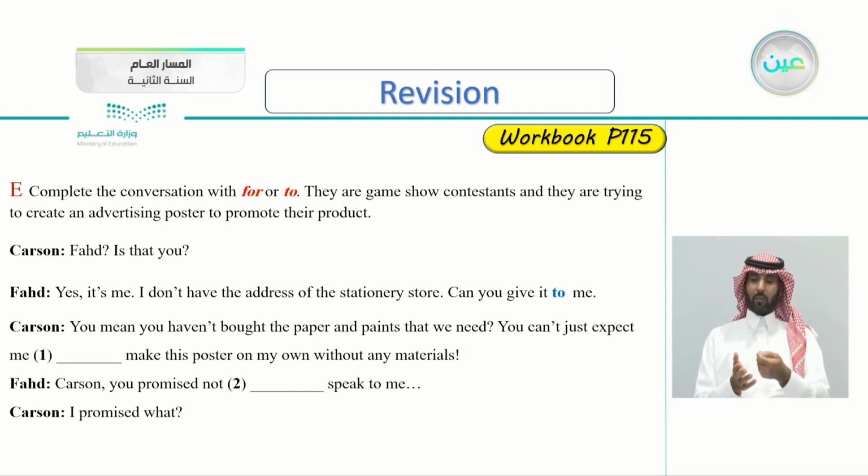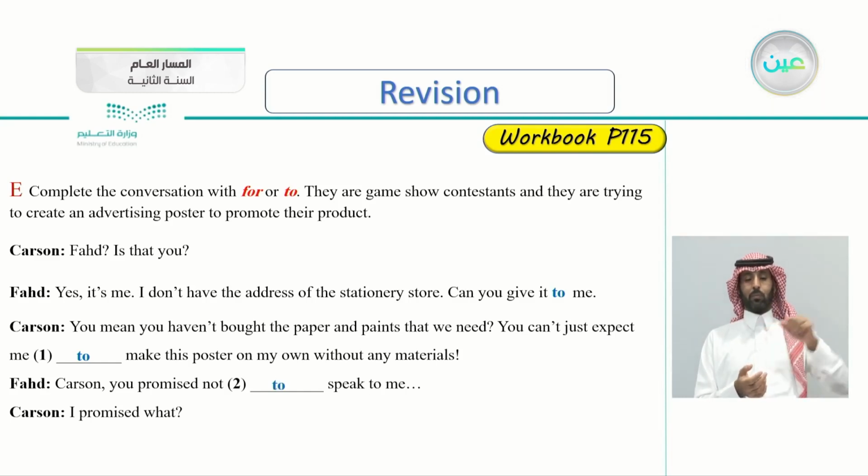So you can't just expect me, number one here. Is it to make or for make? Yes, to make this poster on my own. Fahad: Carson, you promised not to speak to me. So you promised not to speak to me or for speak to me. Yes, this is very obvious, not to speak to me.